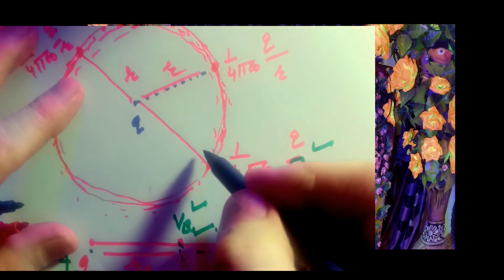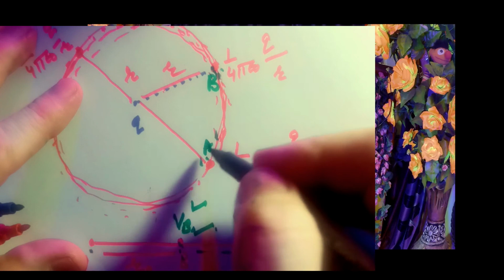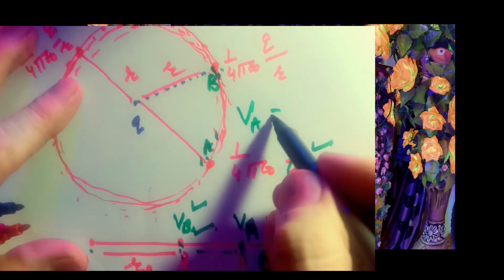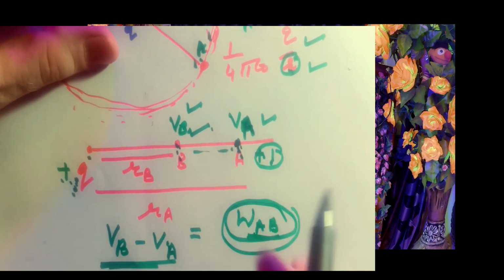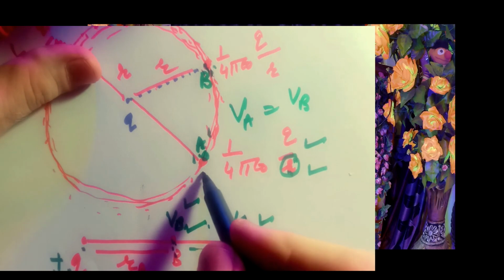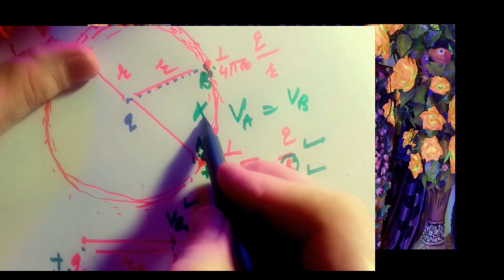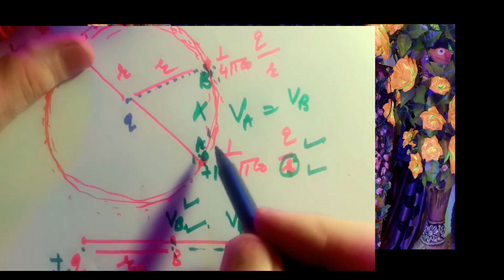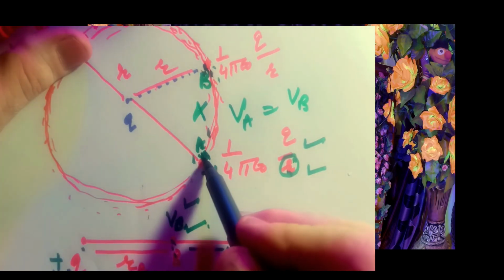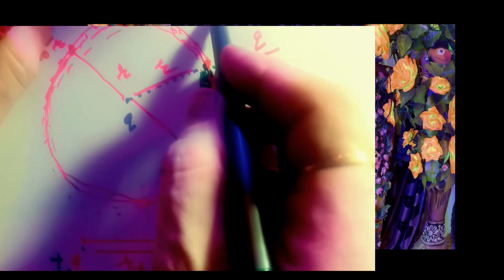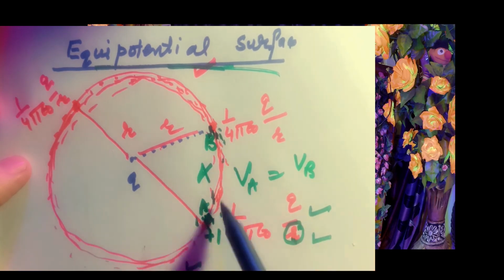Now if I say this is point A, this is B, here the potential difference is 0 because VA equals VB. If potential difference is 0, work done will be 0. So if I am carrying a unit positive charge from here to here, then no work will be done. For unit positive charge, or you can say for any other charge, no work is done from one point to another on the equipotential surface. This is very, very important.